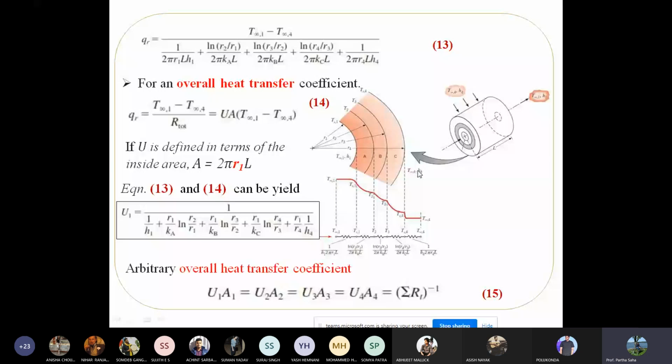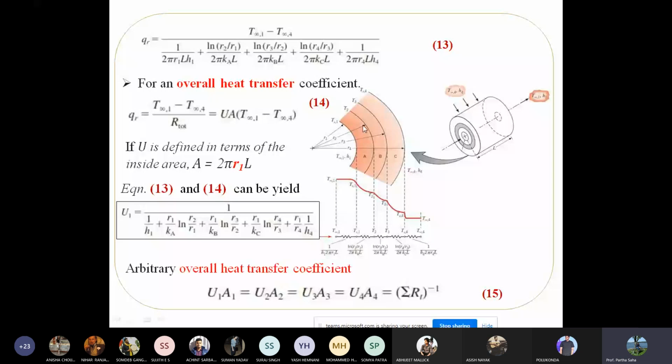So actually you can see there are 1, 2, 3, 4, 5, a total of 5 resistances which can be given in the form of a circuit. Each layer will offer some thermal resistance. Since it is convective heat transfer, it will be given by 1 by H1 2 pi R1 L, because the radius is R1.